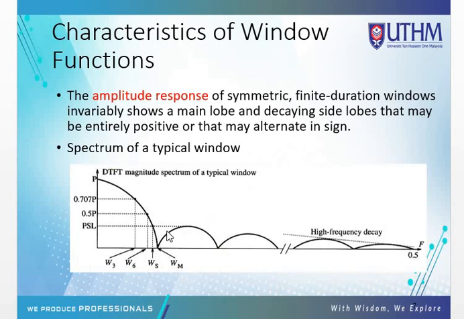The first side lobe is referred to as the peak side lobe, PSL, and it is in a unit of decibels. And the decay rate ds is in dB per decade. The x-axis is in the frequency base.